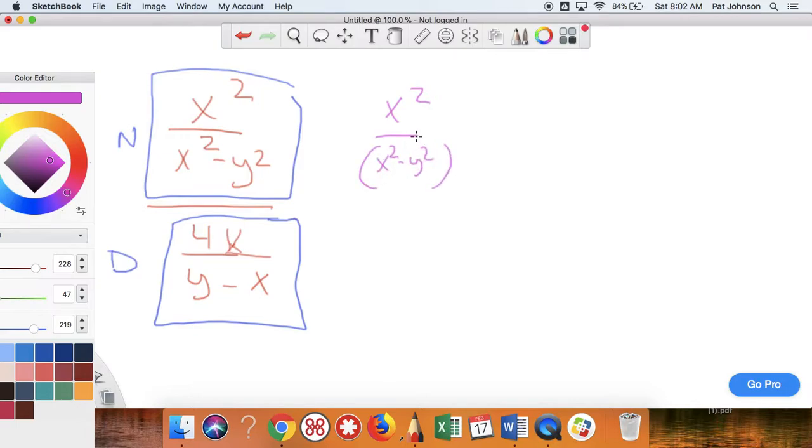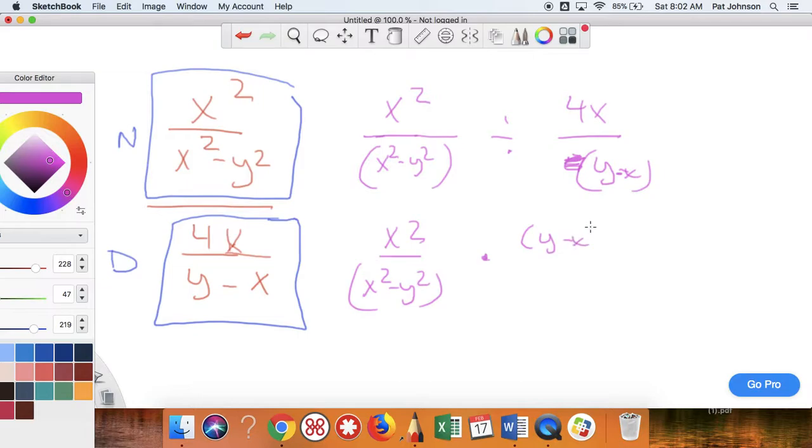Again, I'm going to put parentheses around each term if it's a binomial or higher, over y minus x. So now I can do x squared over x squared minus y squared. Keep, change, flip.